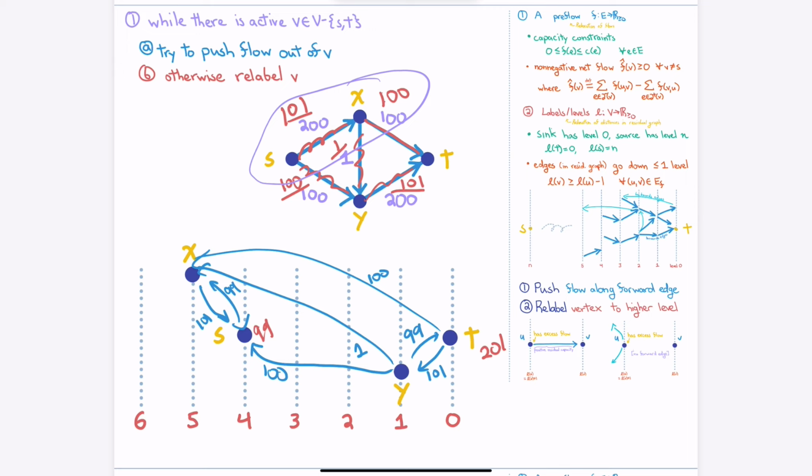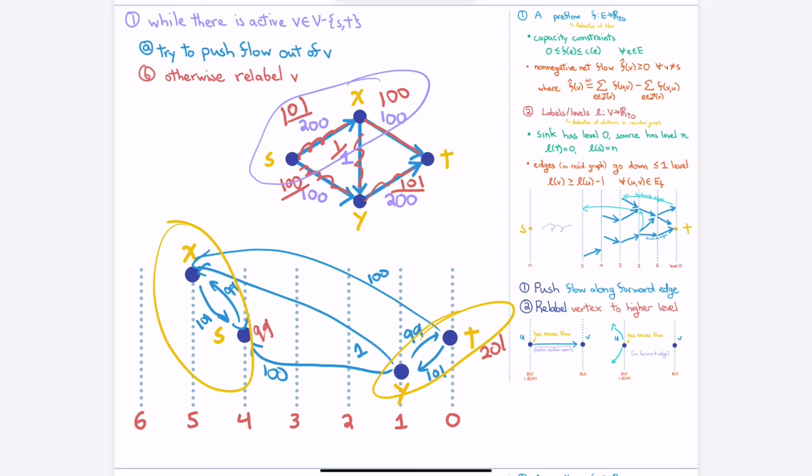Yeah, so actually one thing you might notice is that Y and T are on the right, S and X are on the left, right? So that's one hint. And one also interesting thing is that we have these empty levels in between, right? So by the time we terminate, we found some empty level.